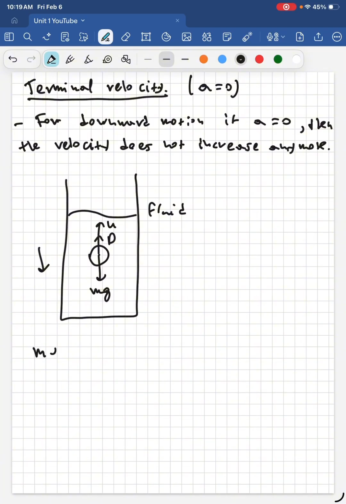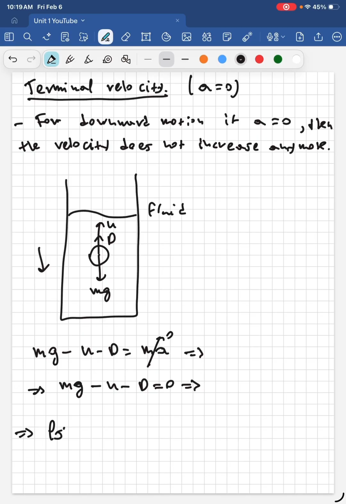okay, there you go. So mg minus upthrust minus drag is ma, and I guess when the weight becomes equal to the upthrust plus the drag force, this becomes 0, and we get mg minus u minus d equals 0. And now we will use the fact that the mass is equal to the density of the sphere times the volume of the sphere times g.